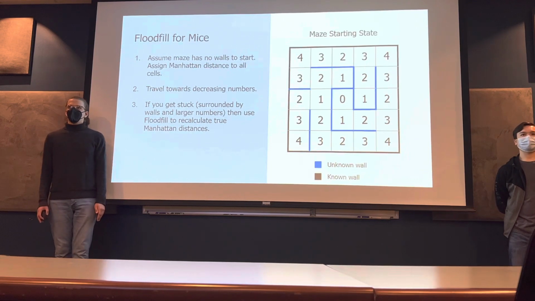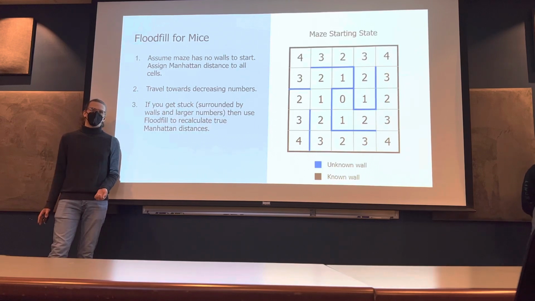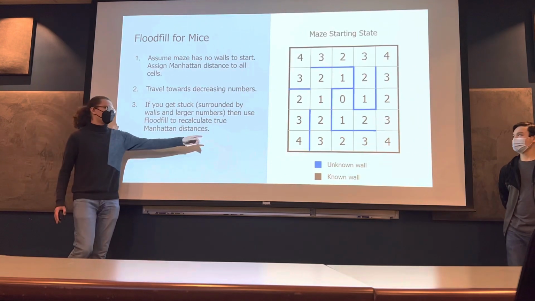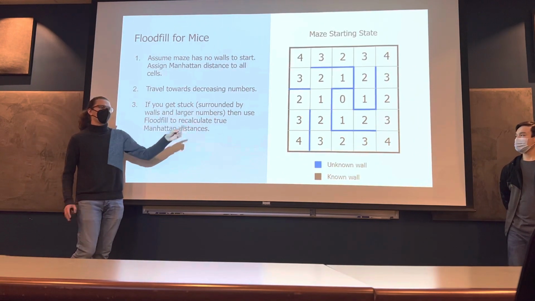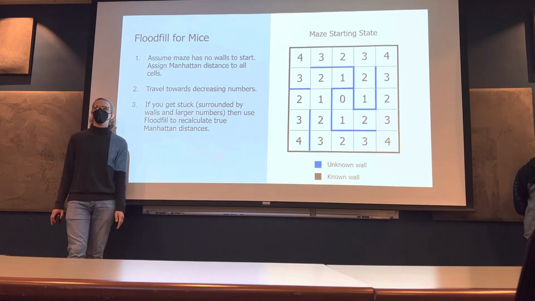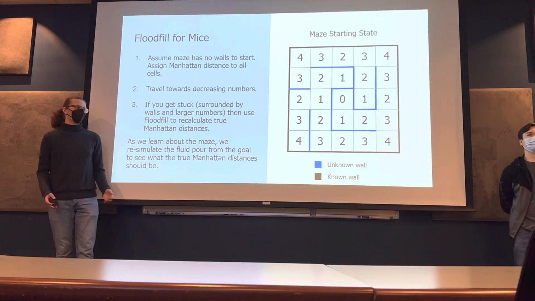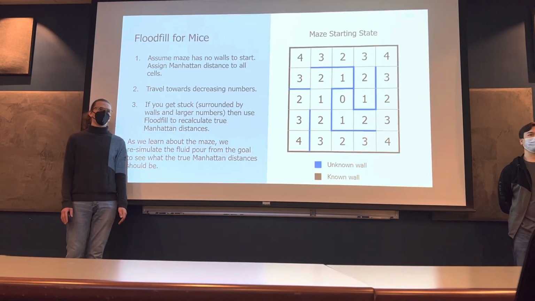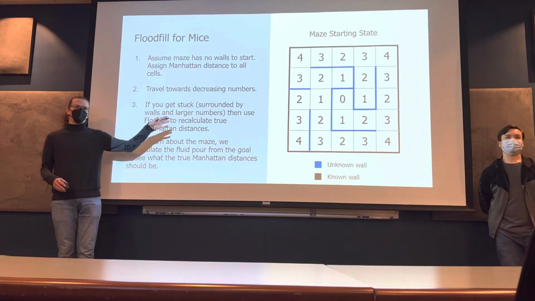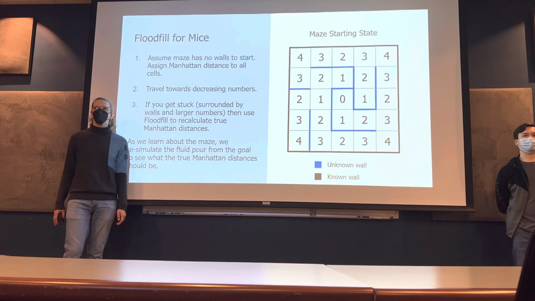If we get stuck at a point where there are walls, we need to recalculate all of our Manhattan distances, because obviously what we have here isn't true. This isn't actually 4 cells away from the goal, but it is under the assumption that there's no walls. As we learn about walls, we have to recalculate and find how far we actually are. You can think of this, back in the water example, as re-pouring from the goal to see how far away any individual cell is from the goal.